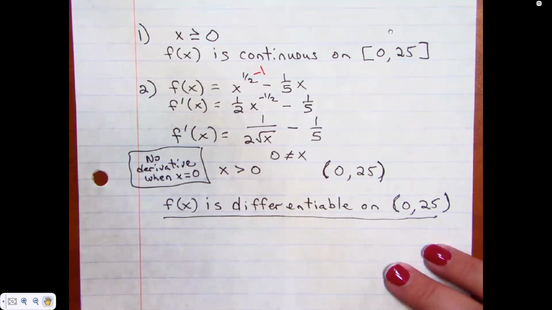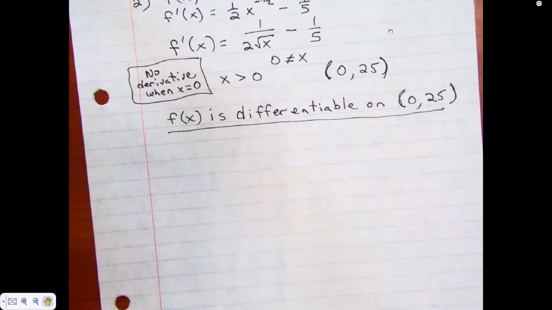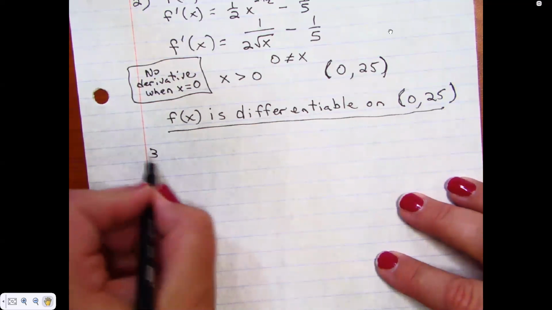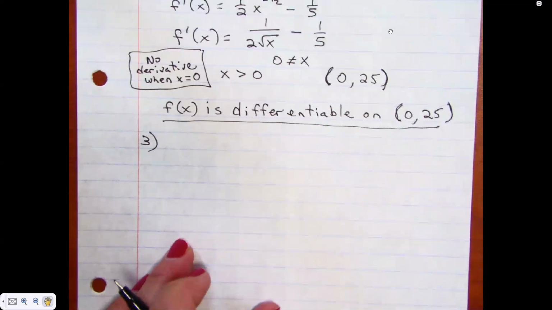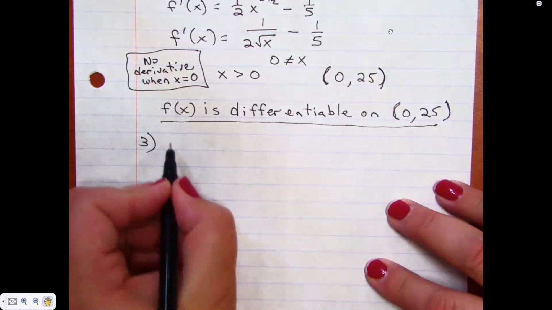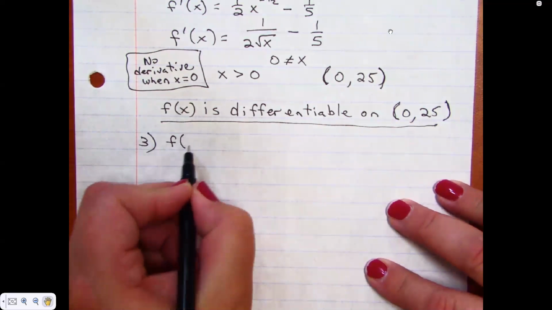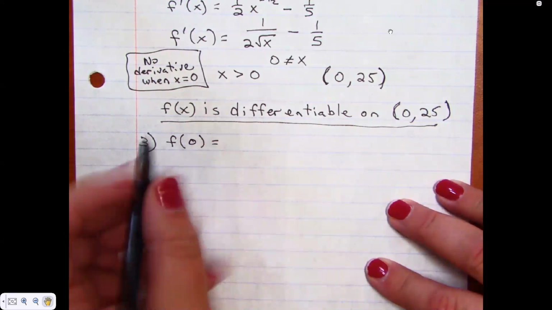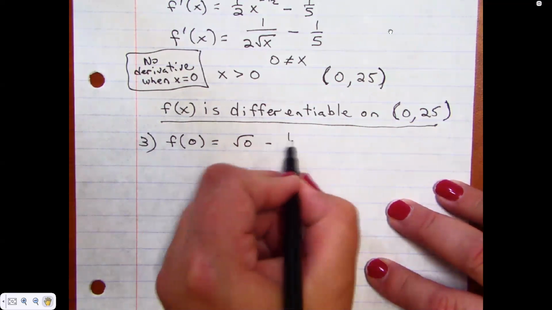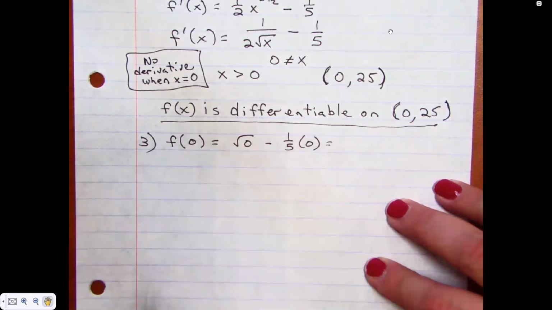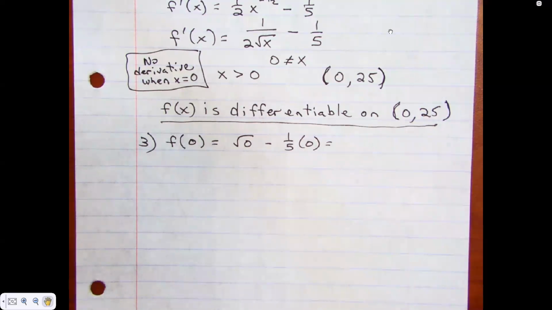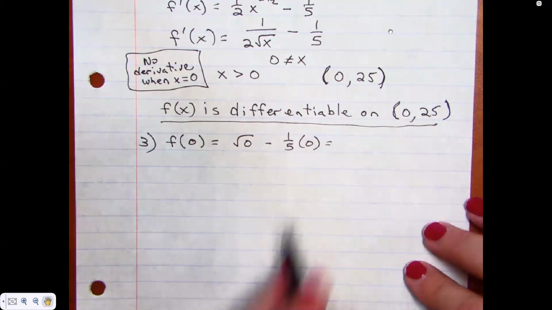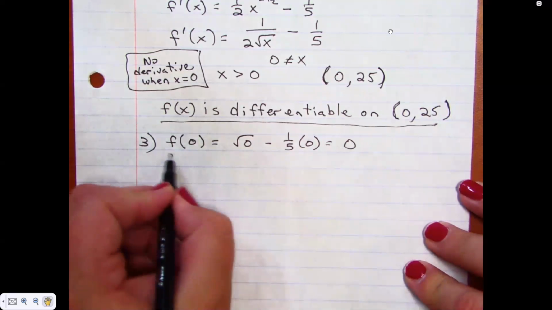All right, so lucky us, that means we get to do 3. So 3 says, can we do f of a, f of b? Now remember, we're going back to the original. So f of 0: the square root of 0 is 0, and then 1/5 times 0 is 0, so that gives us 0.